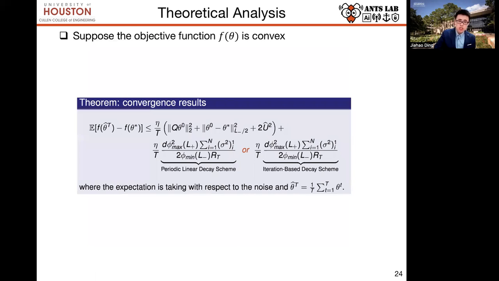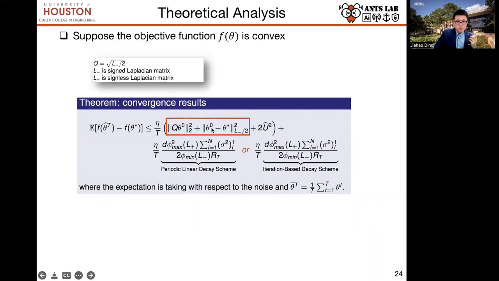And next I will show the theoretical result. In this theoretical result, we assume the objective function is convex. And you can see this convex result has 3 terms. The first term is derived from the distance from the initial model parameter to the final optimal model.